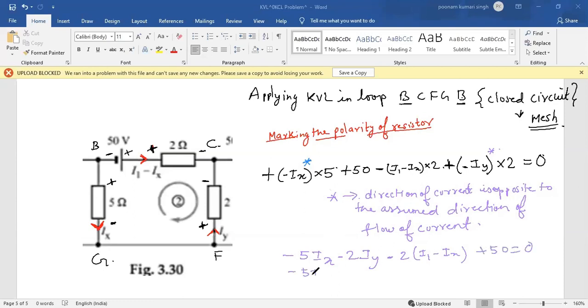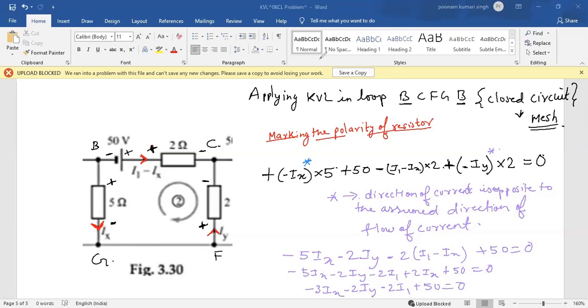So minus 5Ix minus 2Iy minus 2I1 plus 2Ix plus 50 is equal to 0. So 5 and 2, minus 3Ix, minus 2Iy, minus 2I1 plus 50 is equal to 0. What can you write instead of this?